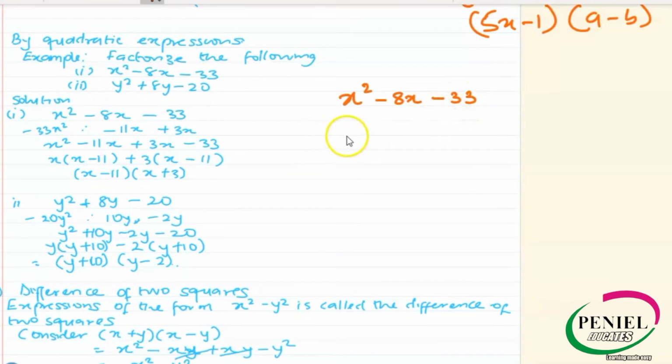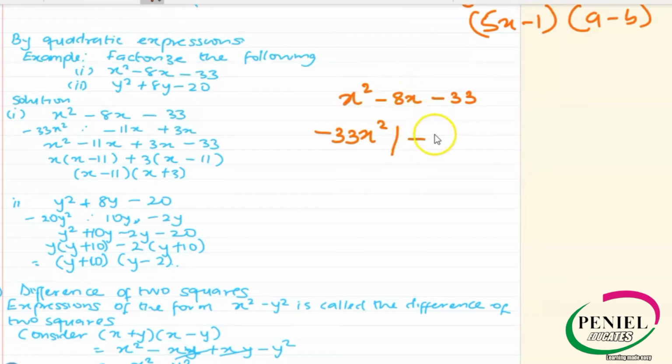What you need to do here is multiply this minus 33 by this x squared, to give minus 33x squared. Then we look at what we can use. If we multiply together, it's going to give us this, and if we add or subtract, it's going to give us this.